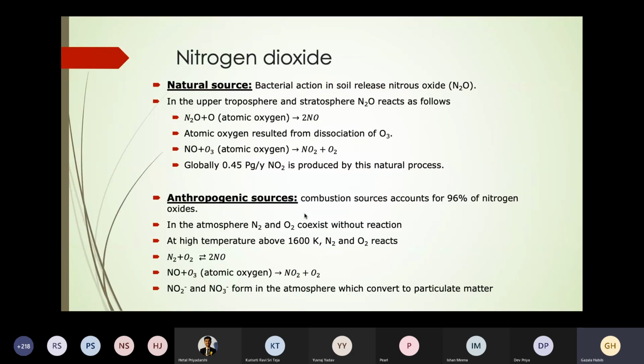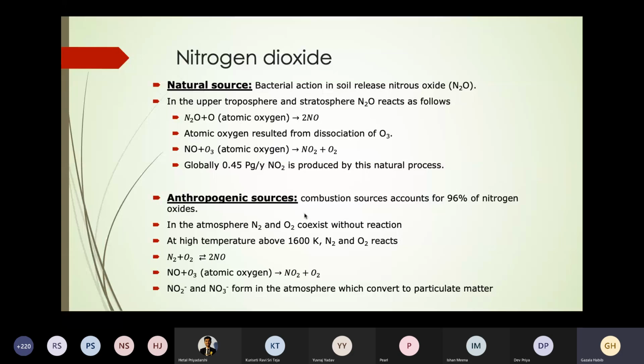In the atmosphere, N2 and O2 are present, but they don't react at normal temperature. They react at very high temperature and form NO, right? And again O3 plays a role to oxidize NO to NO2.